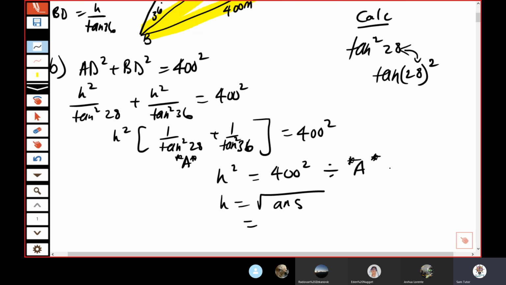For A, if you want to check, I got about 5.43155 and so on. And now I'm about to do 400 squared divided by that answer, and then square root that. The final answer you should get is 171.63.